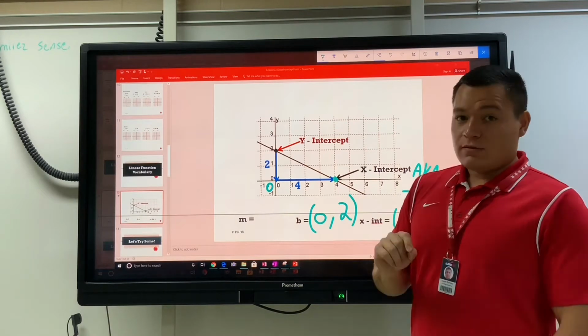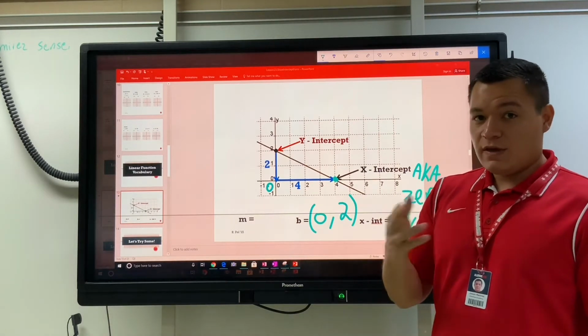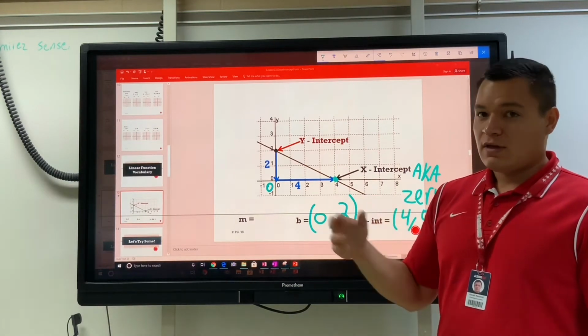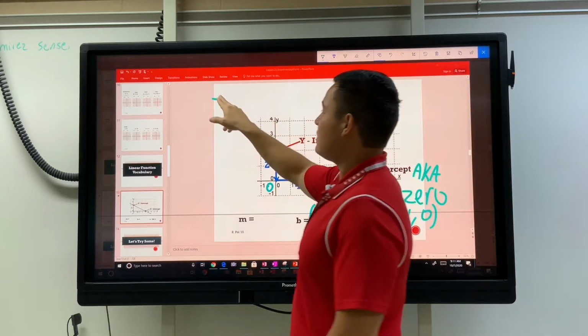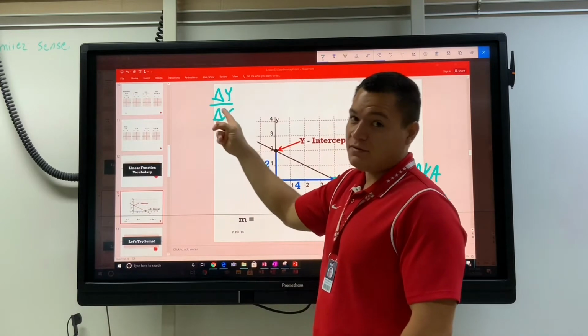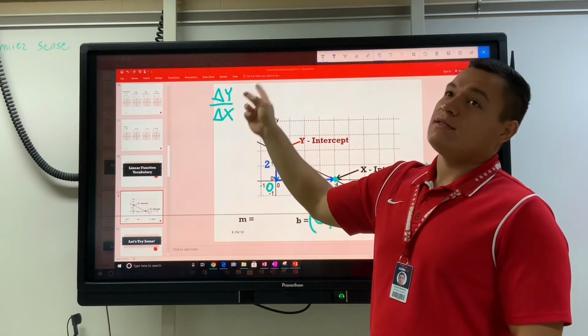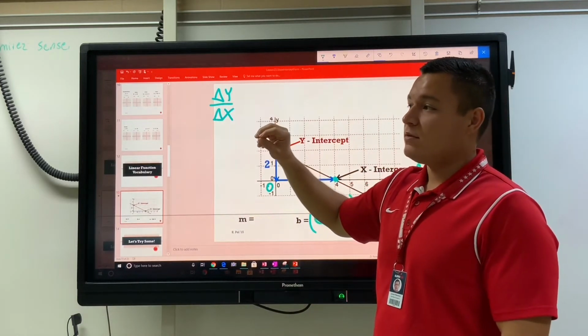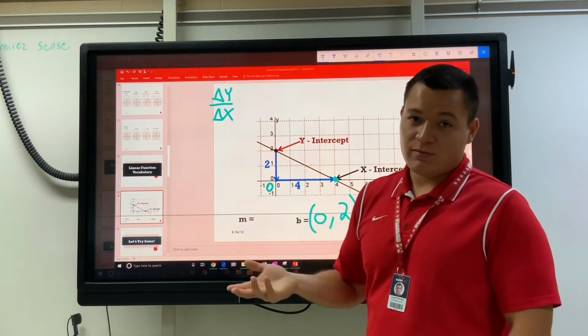Okay, I'm also going to show you the other way that you can find slope. I've shown you delta y over delta x, and that is my favorite way, but sometimes it will be useful to know the basic formula that everybody learns.